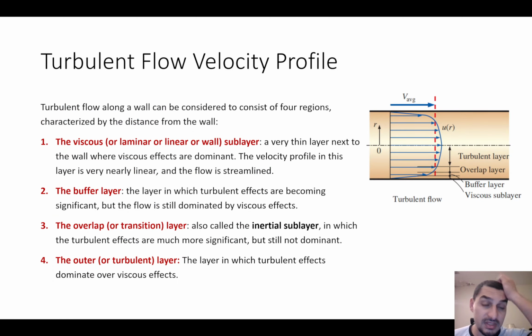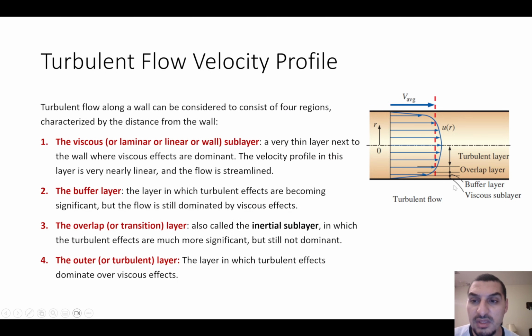So to understand the shape of this velocity profile, there is a theoretical way of describing the fluid, or putting the fluid as different layers from the wall to the center of the pipe, according to the forces acting on them.